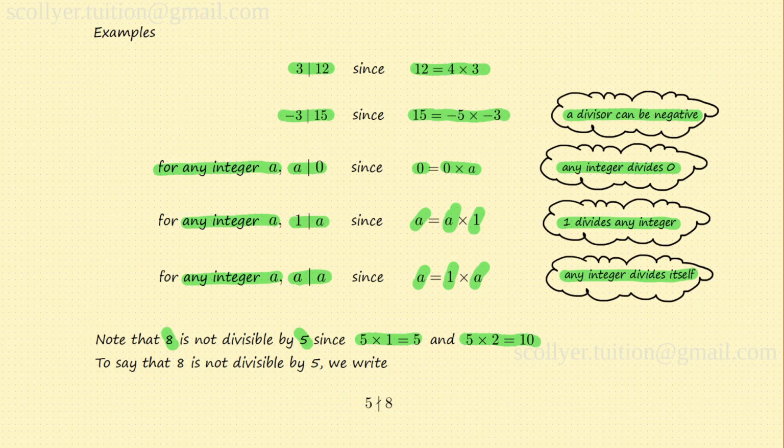And there is no integer between 1 and 2 that we could multiply 5 by to produce 8. So we say that 8 is not divisible by 5, or 5 does not divide 8, and we use this notation to indicate that fact, a vertical line with a bar through it.